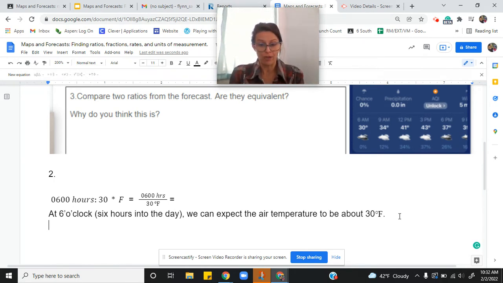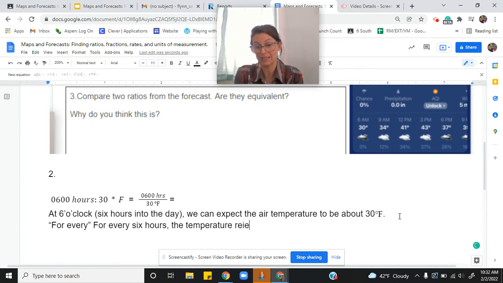Using the language of for every, we could say it this way. Ooh, this is tough because we can't really say for every 6 hours the temperature rises 30 degrees, or increases, because the 30 degrees Fahrenheit is a positive number, which implies warming, like getting warmer, or warmth, right?